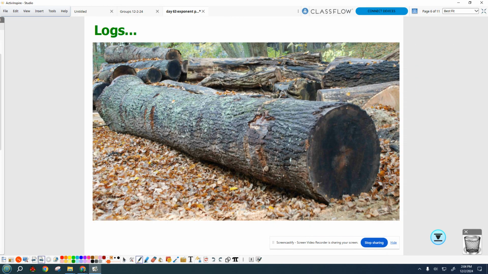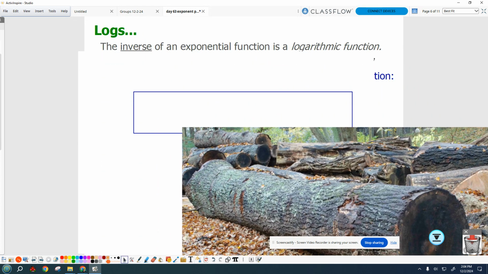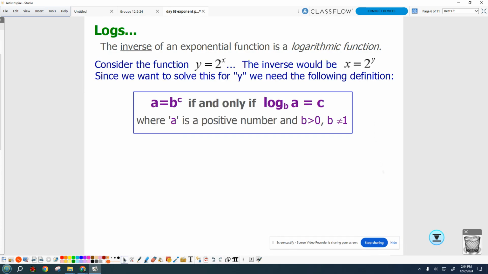Okay. Logs, yay. All right, a number of you said this, the way we undo exponential is log.